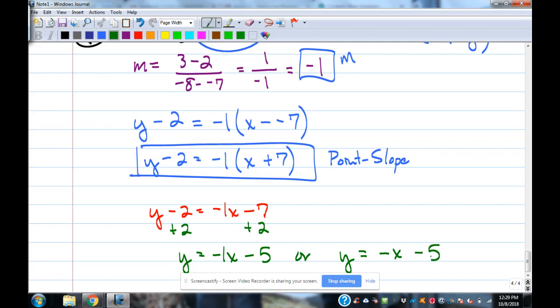Understand that this is the same thing. If I don't write the 1, understand that minus x is the same thing as negative 1x. I don't think Khan Academy will count you wrong if you put negative 1 there in front of it, but that's the same thing.